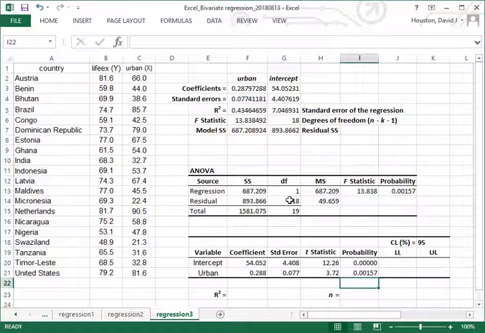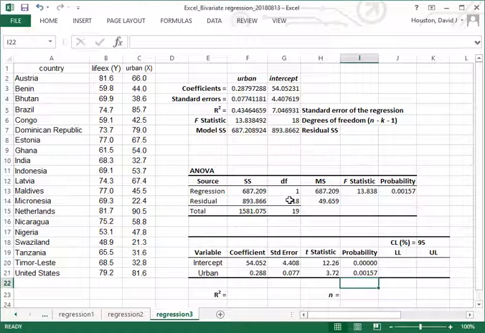To interpret this then, there is a 0.00157 proportion probability that this sample was drawn from a population where the regression coefficient for urban is equal to 0. Multiply that by 100, we can say that there's a 0.157% chance that this sample was randomly drawn from a population where the urban coefficient is equal to 0.